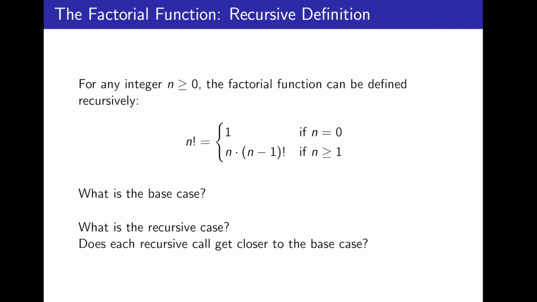We can generalize this observation by defining the factorial function recursively. For any positive integer n, n factorial is n times (n minus 1) factorial, and 0 factorial is 1. Back to the basic principles of designing a recursive function, in general, it must have a simple case with the answer and a recursive case that moves towards the base case.